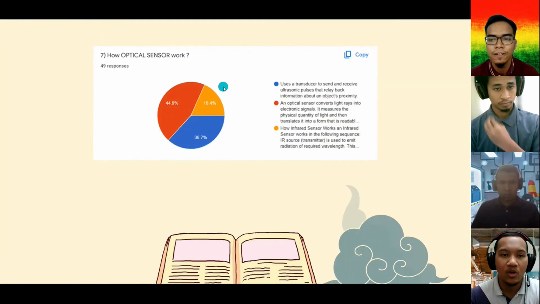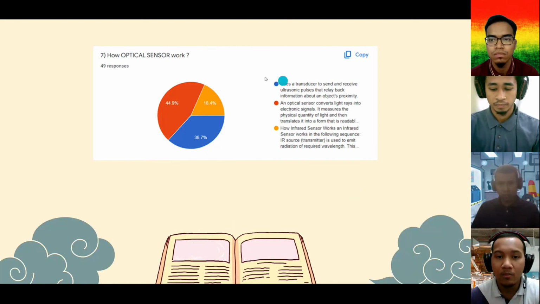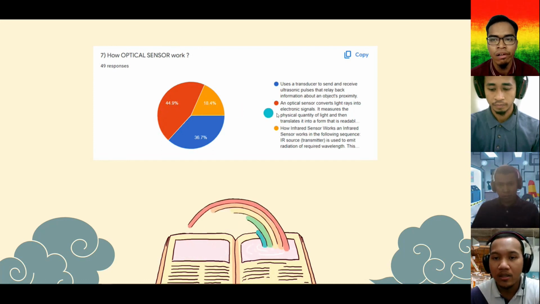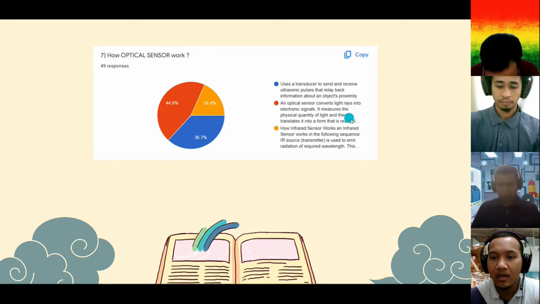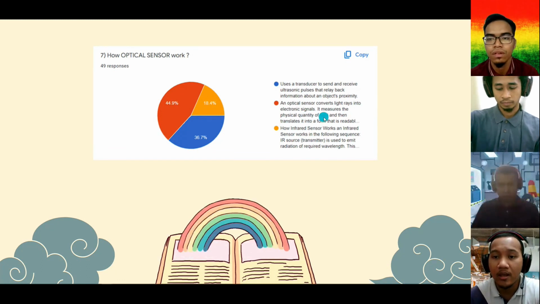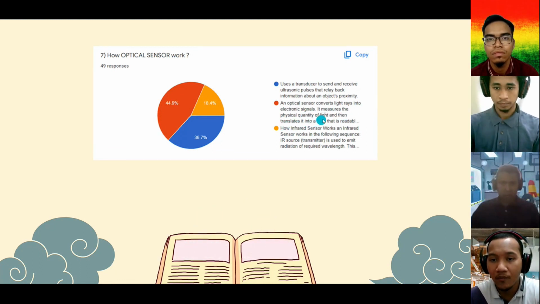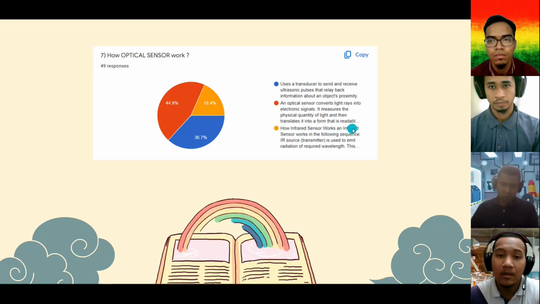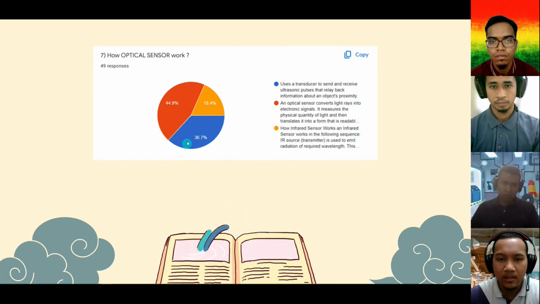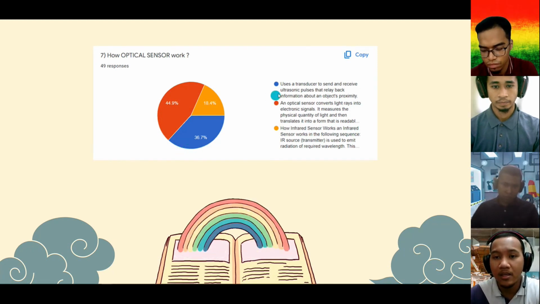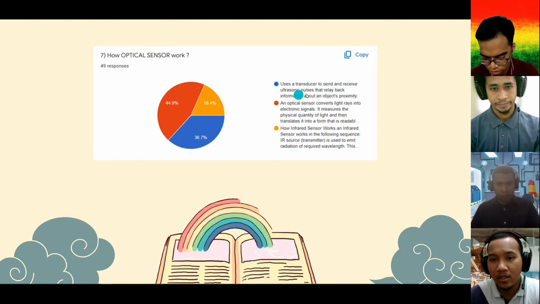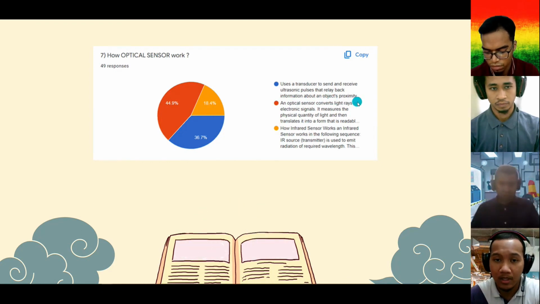Next, question number 7 is: how does an optical sensor work? Mostly the answer is 44.9%: an optical sensor converts light rays into an electronic signal. It measures the physical quantity of light and then translates it into a form that is readable. Then 36.7% answered that it uses a transducer to send and receive an ultrasonic pulse that relays back information about the object's proximity.